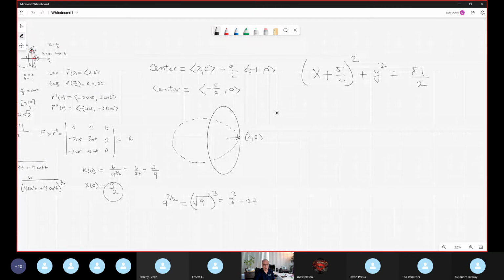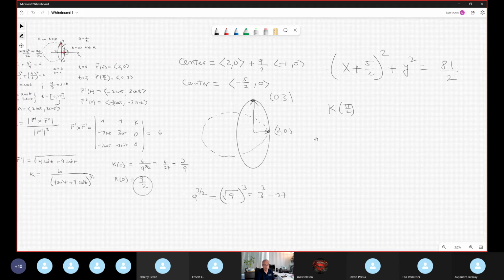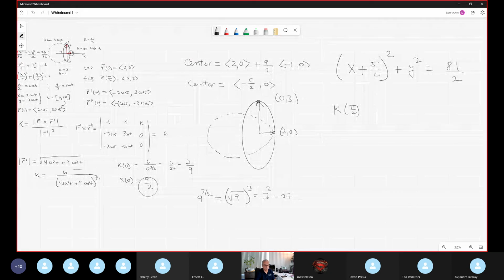Likewise, we can do the same at the point 0,3, this is a vector, right? You find the curvature at this point, que es just plugging in the point into that formula. Look, in that formula. And we get 3/4.